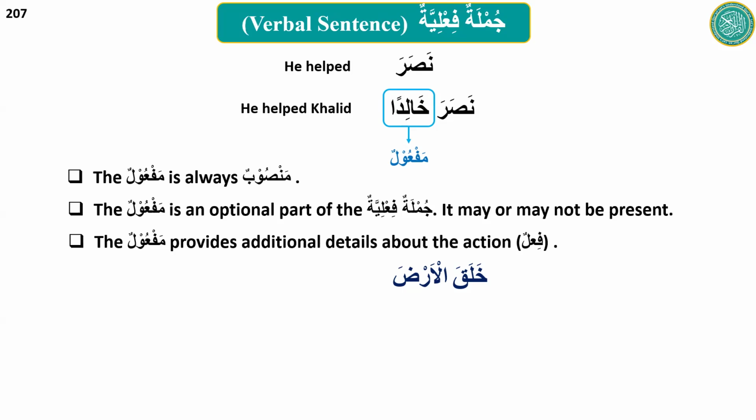And that is why it is in nasab status, because it is a maf'ul. It cannot be al-ardu. It has to be al-arda. Okay. What was the translation again? He created the earth. Good job. Excellent.